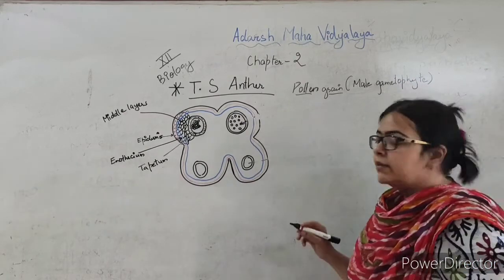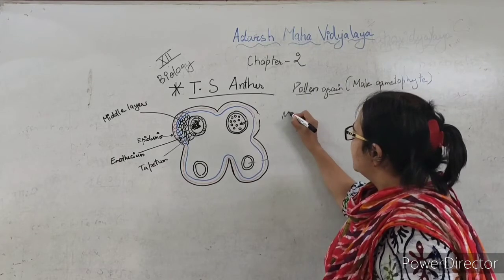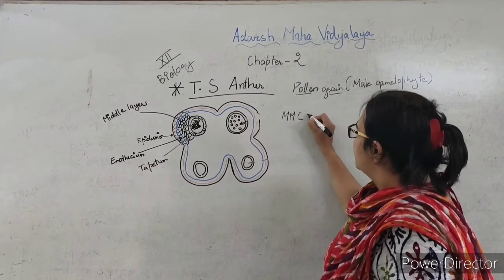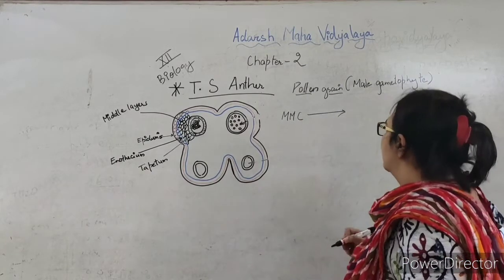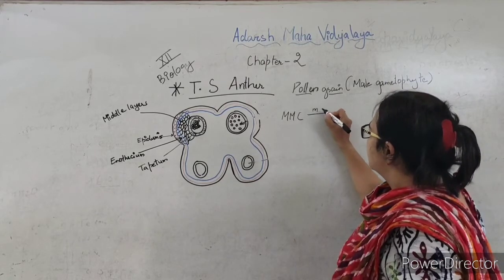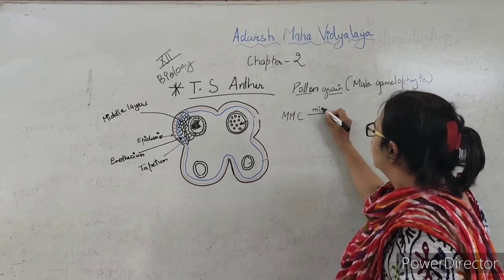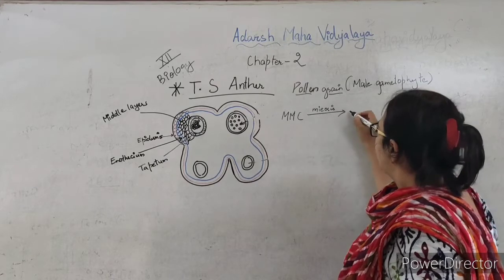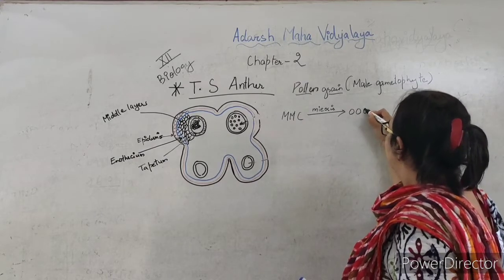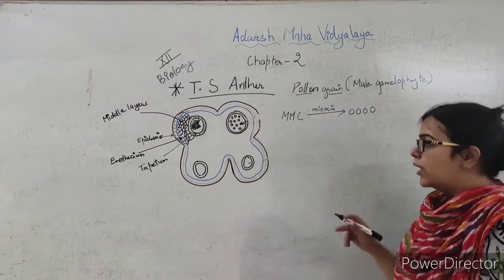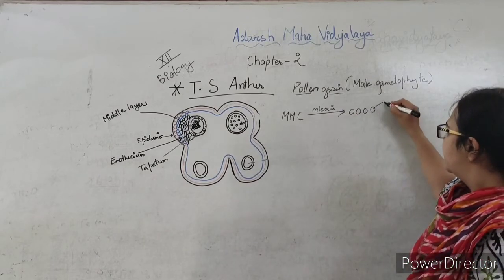Now we know that when the MMC undergoes microsporogenesis, that is the meiosis, we get 4 microspores.